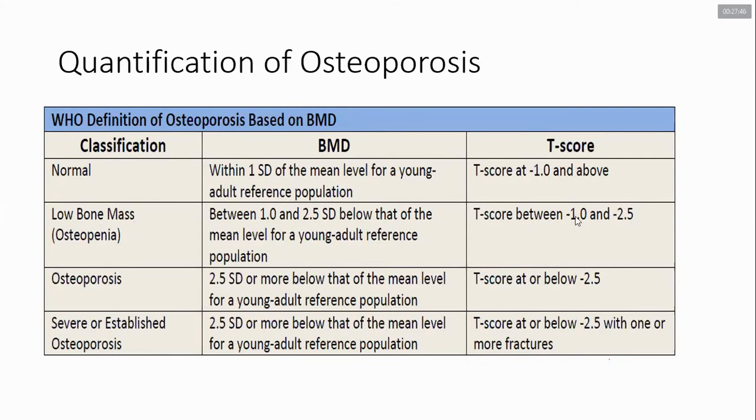If it is between -1 and -2.5, then that's osteopenia, which is kind of a reversible and early stage. Osteoporosis is when the score goes below -2.5. So -2.5 to -3.5 is grade 1, -3.5 to -4.5 is grade 2. Again, you go on grading like that.